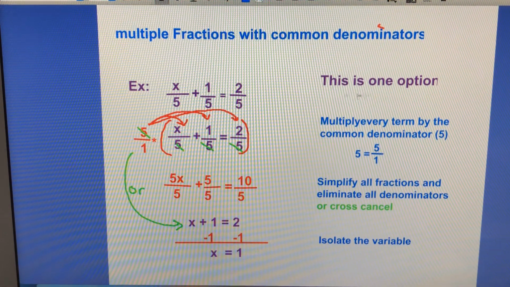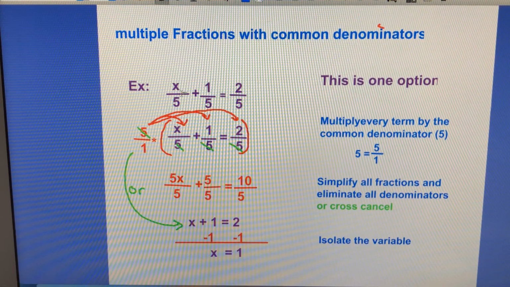All right, here is where we start to fall apart. We have a fraction on the bottom. I'm going to multiply every term times 5 to get rid of these denominators. But I don't have to really multiply by 5 because it's actually going to cross cancel with every denominator, and I am left with x plus 1 equals 2.